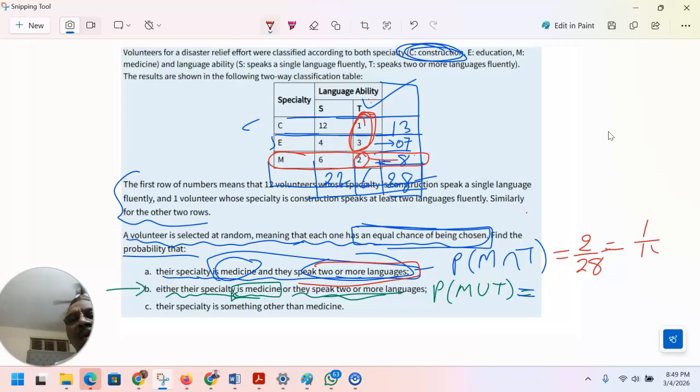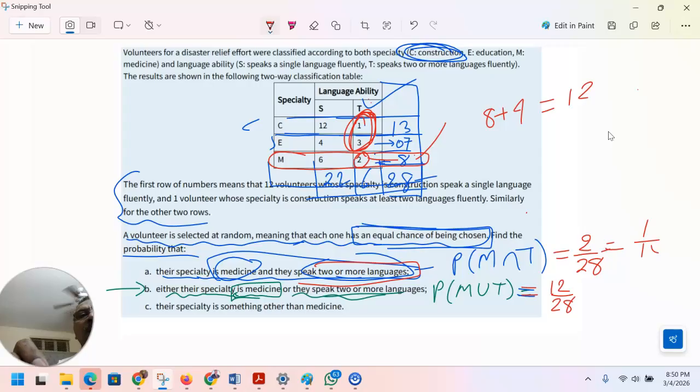So we don't count them again. So it's going to be 8, and this 4, which is 12. So the answer directly is 12 out of 20.